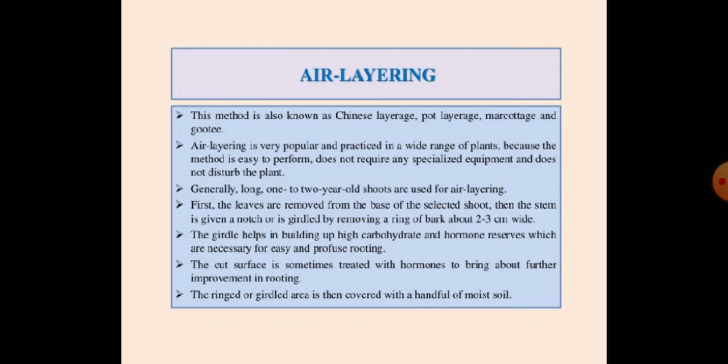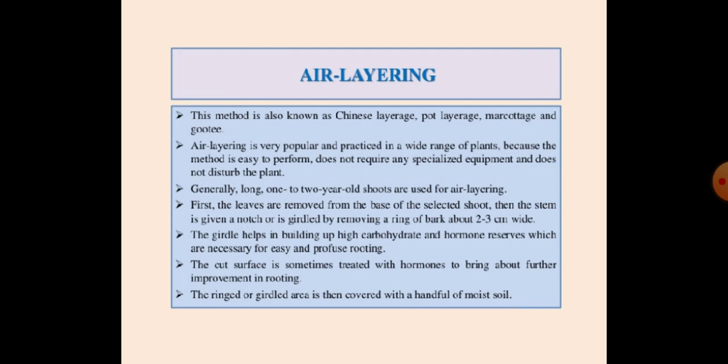Generally, 1 or 2 year old shoots are used for air layering. First, the leaves are removed from the base of the selected shoot, then the stem is girdled. It makes a ring. The bark removed should be a ring-like structure, 2 to 3 centimeter wide.